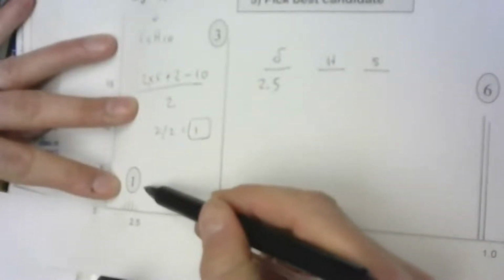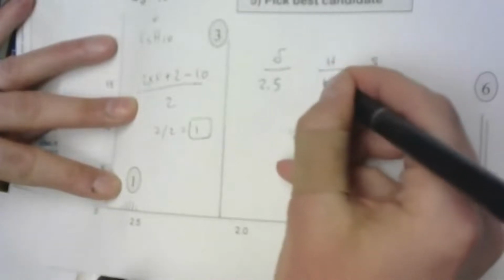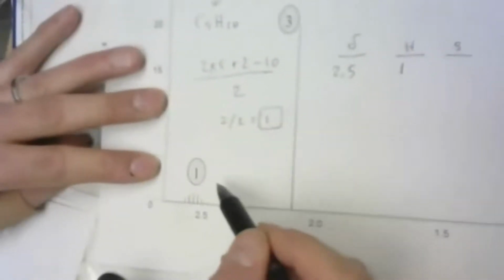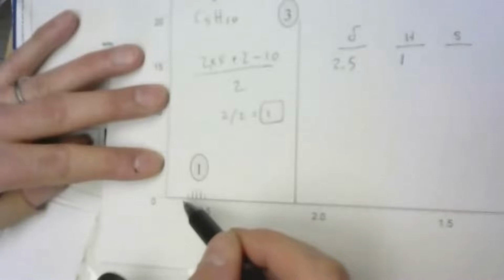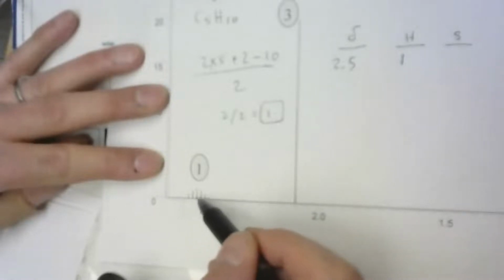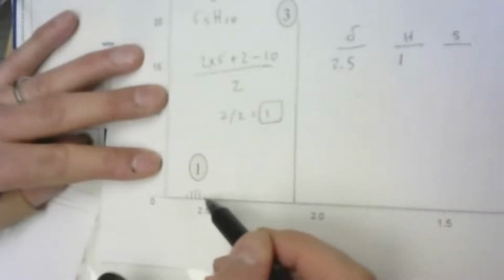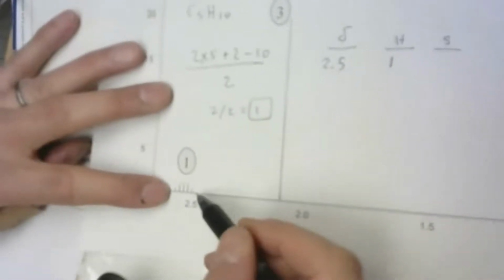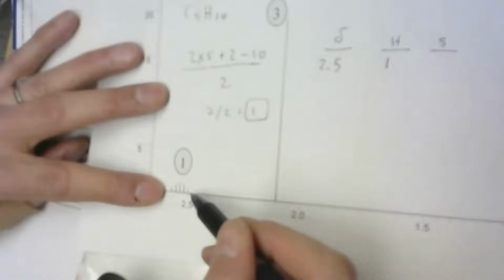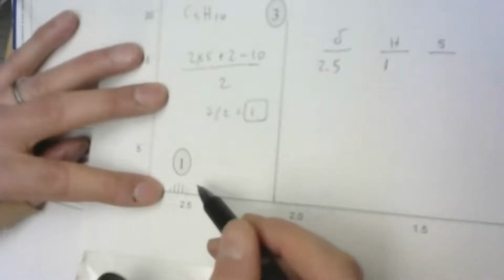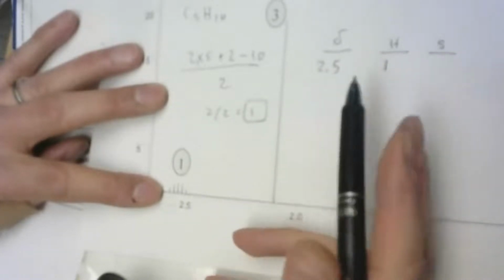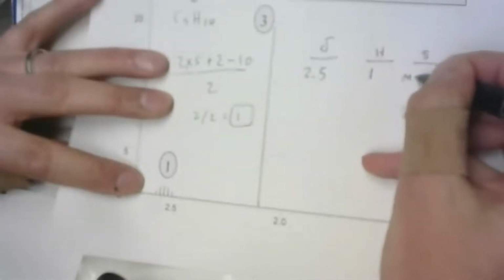Probably 1 proton. What's the splitting of it? It's a little hard to see, but if you count, it looks like 1, 2, 3, 4, 5, 6, 7, maybe a septet. I'm actually going to just say I can't see it, and say multiplet. I could say septet, but it doesn't really matter. I'll still get the right answer. So I'm going to write mult.